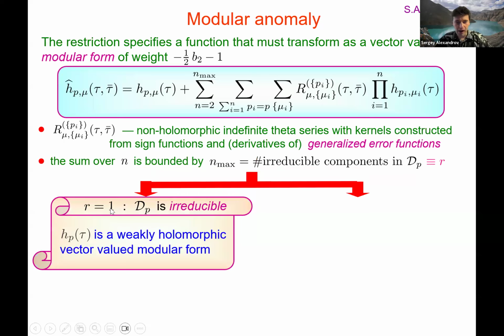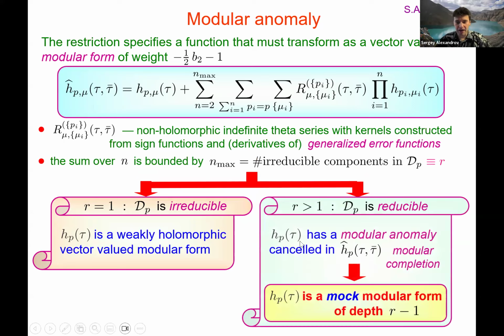If r is equal to 1, which means that my divisor is irreducible, the second term is absent. And the constraint just means that my original generating function must be a true modular form. More precisely, in this case, it's a weakly holomorphic vector-valued modular form. This is precisely the situation which was originally described by Maldacena, Strominger, and Witten.